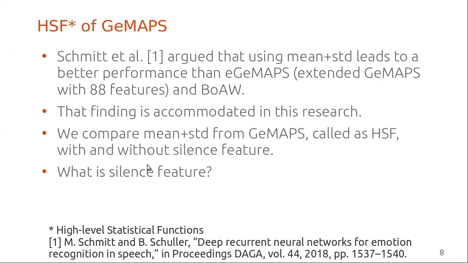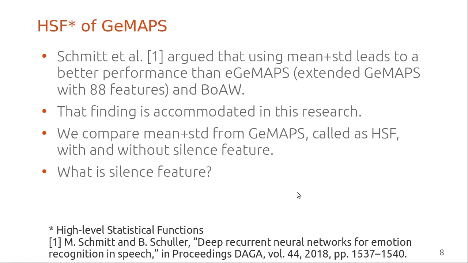However, Smith et al. proposed that using the mean and standard deviation of the GeMAPS, a small feature set compared to the previous one, leads to better performance compared to the GeMAPS, eGeMAPS, and Bag of Audio Words or BoAW of GeMAPS. We incorporate that finding in this research, so we use mean and STD of GeMAPS and we call it HSF, or high-level statistical function.